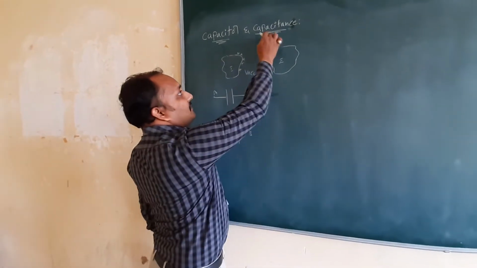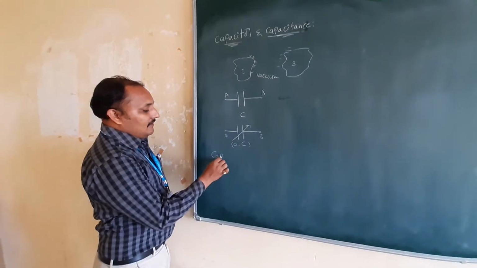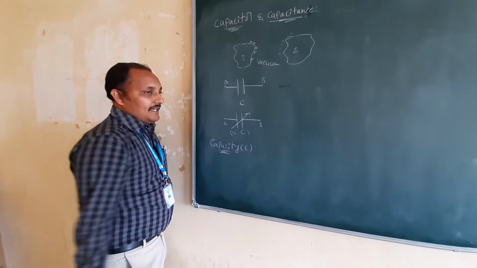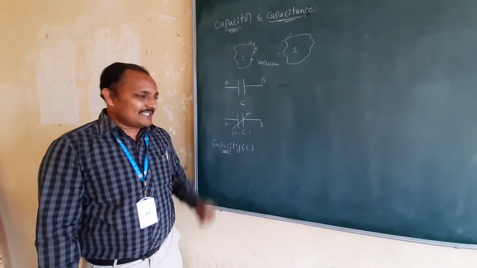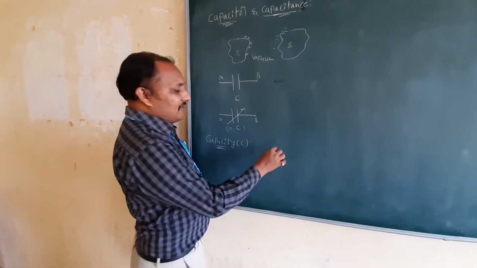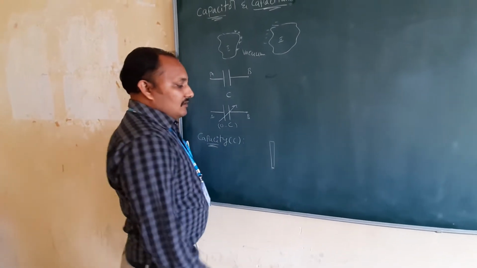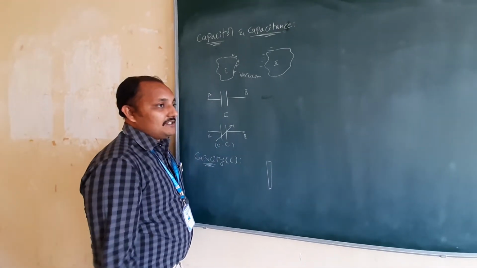Now we are going to discuss capacitance, or capacity. You can use either capacitance or capacity. Take one conductor. Capacitor is used to store charge or energy.